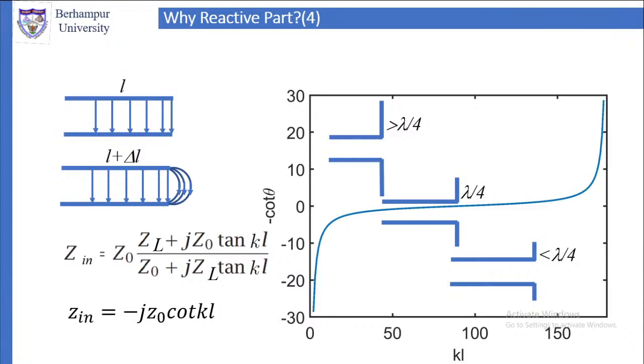If it is smaller than lambda by 4, then we will get capacitive. But since it is L plus delta L, where L is lambda by 4, that is more than lambda by 4, that will give us a positive reactive part, which is inductive. So in the impedance, we get an inductive part along with the resistive part.